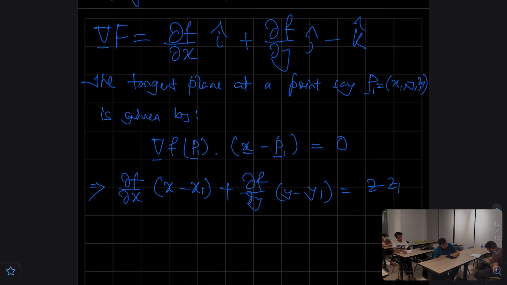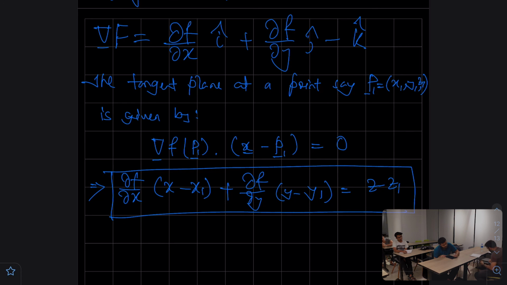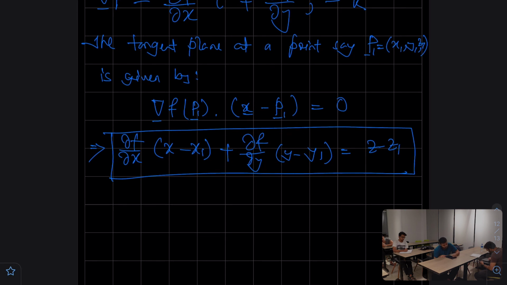So this is our equation of the plane at P1. Now, the equation of a plane abstractly, you can just say that the equation of a plane can be written like this as well.